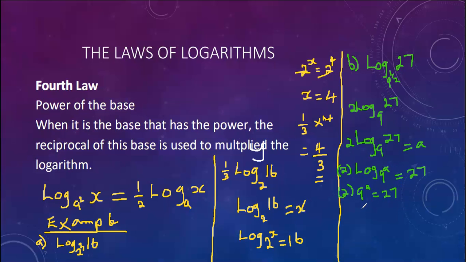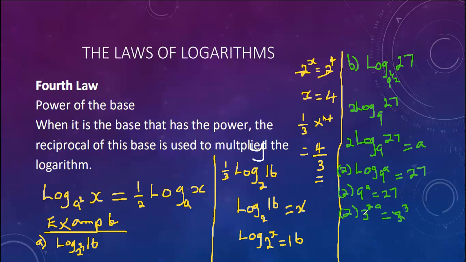Okay, let's go. Then let's give these two numbers the same base now. So this is going to be 3 raised to the power of 2, and this is going to be 3 raised to the power of 3. So we have 3 raised to the power of 2A equal to 3 raised to the power of 3.